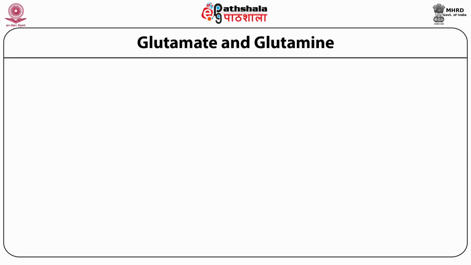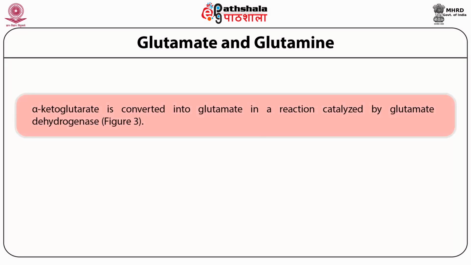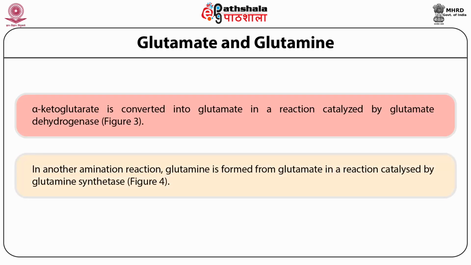Glutamate and glutamine. Alpha-ketoglutarate is converted into glutamate in a reaction catalyzed by glutamate dehydrogenase. In another amination reaction, glutamine is formed from glutamate in a reaction catalyzed by glutamine synthetase.